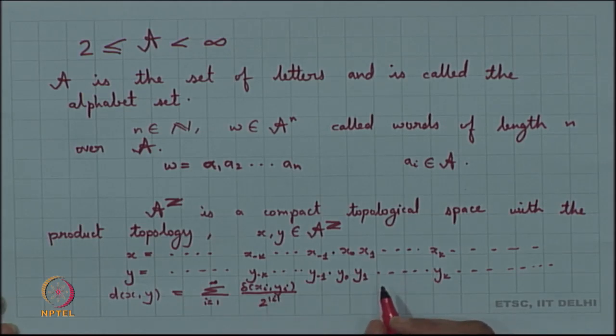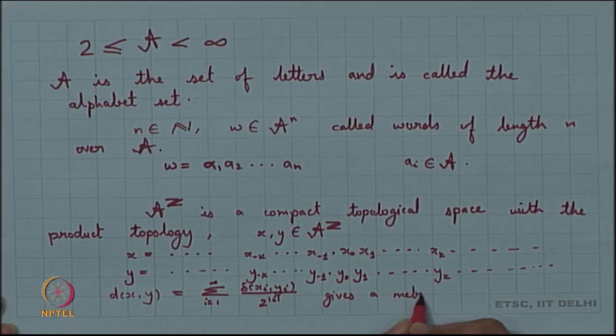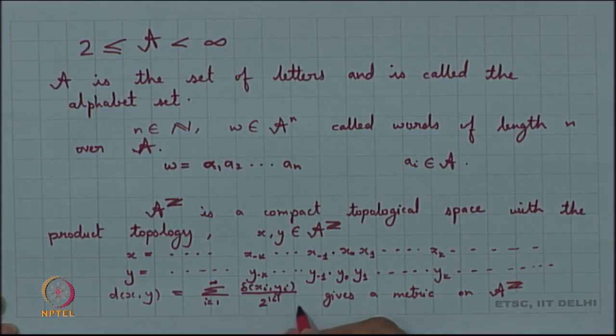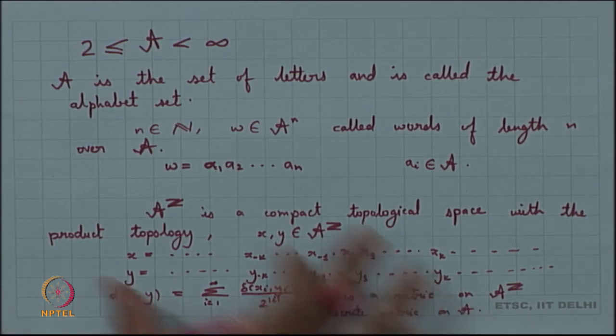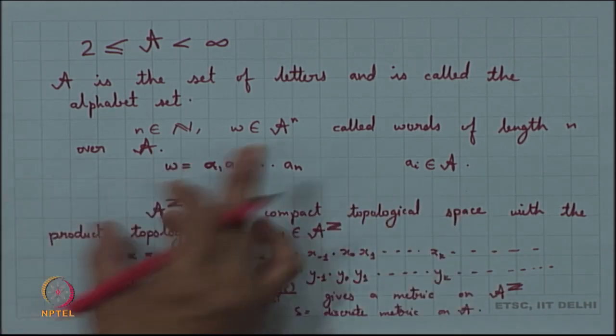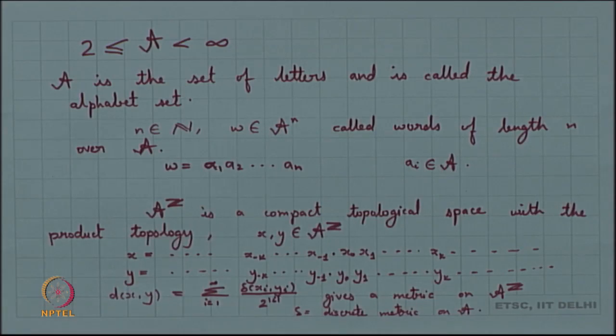This gives a metric that gives the product topology on A to the power Z, where my delta is the discrete metric on A. So, we know now that A to the power Z happens to be a compact metric space.